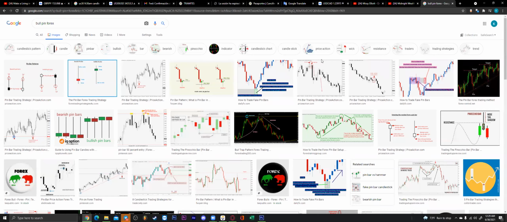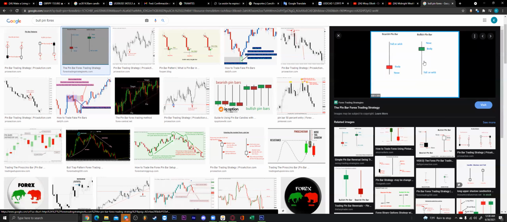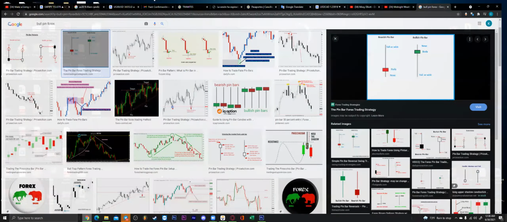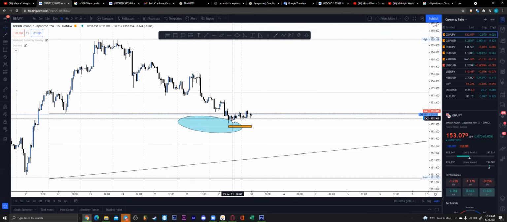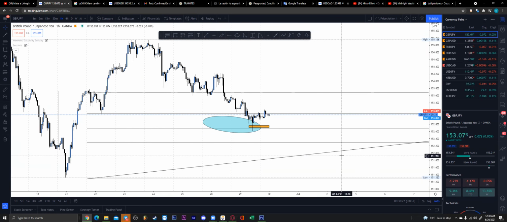I searched it up just to make sure. Yeah, a bullish pin with the tail. Doesn't really matter. We're basically looking for this. We saw that a bearish candle started and suddenly it started moving up pretty quick when it hit our nice discounted zone.